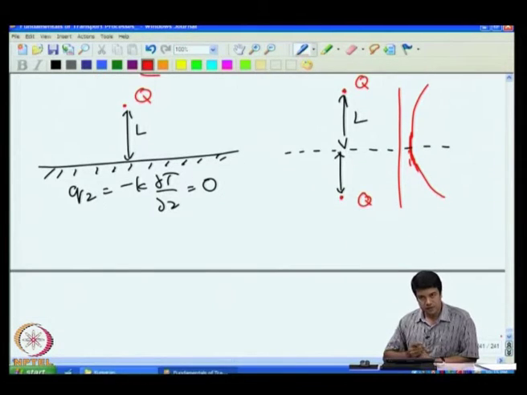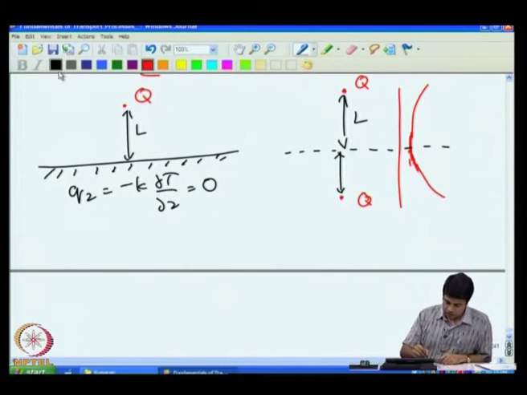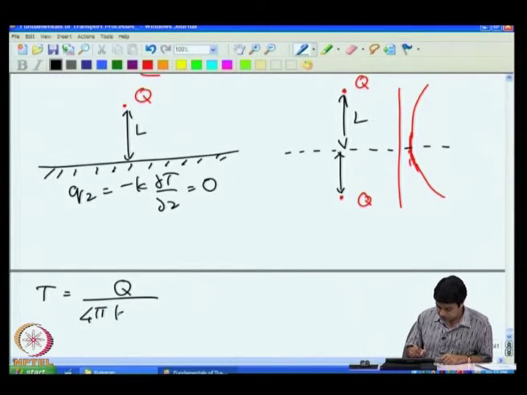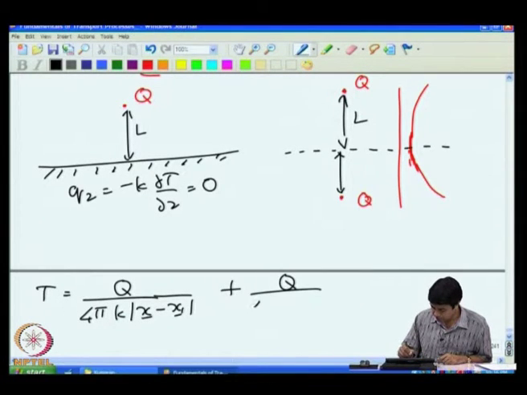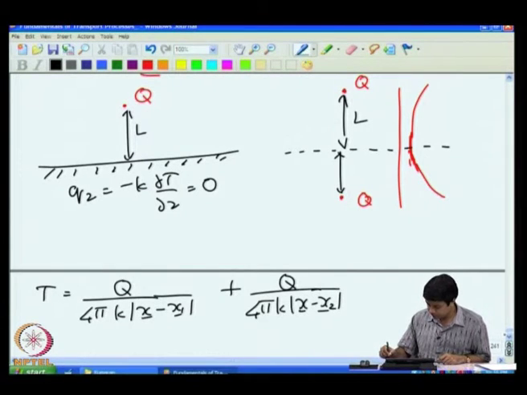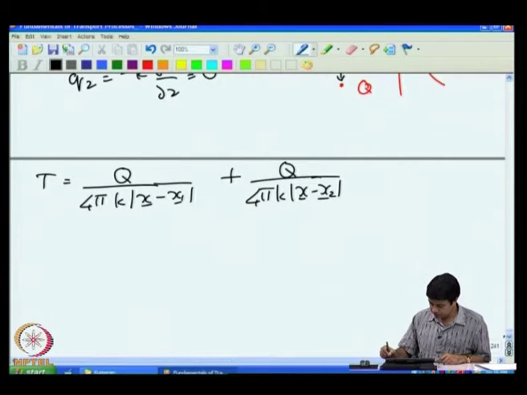Now, the solution for this is easy to write as well. I have a source plus q, a source plus q below, and therefore, the temperature field will be written as q by 4 pi k into x minus x1, plus q by 4 pi k into x minus x2.